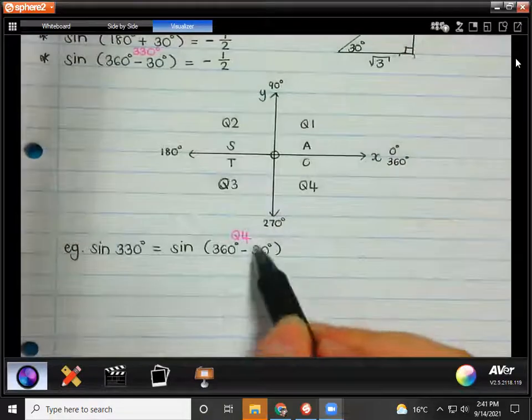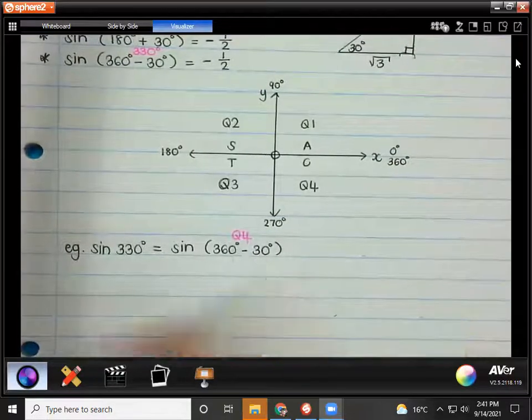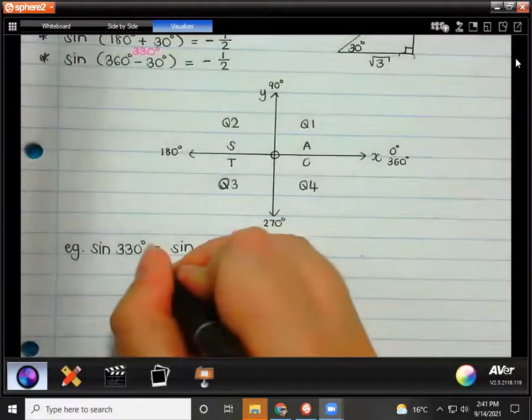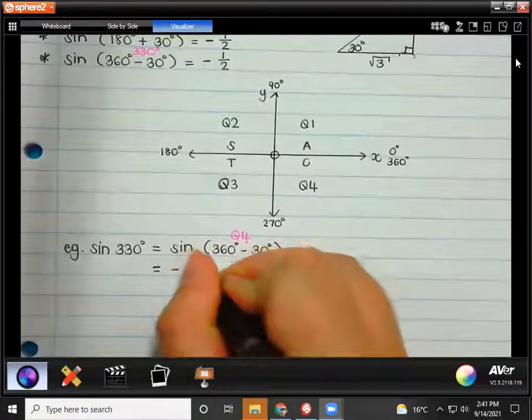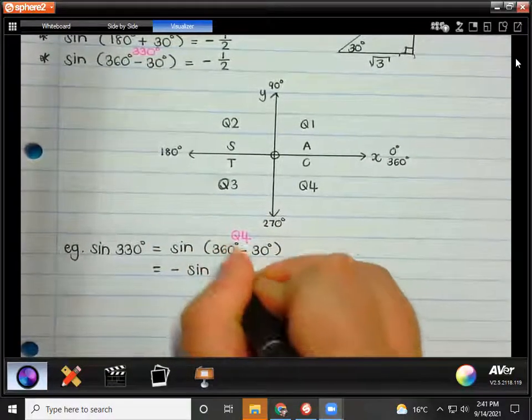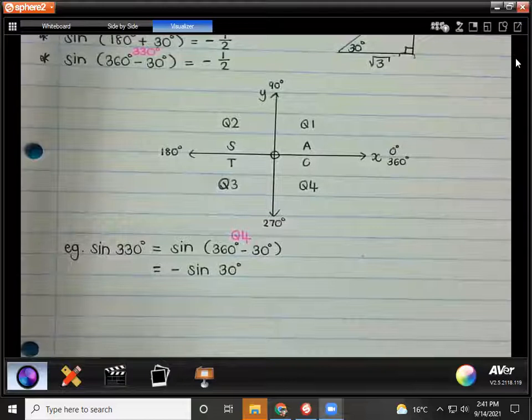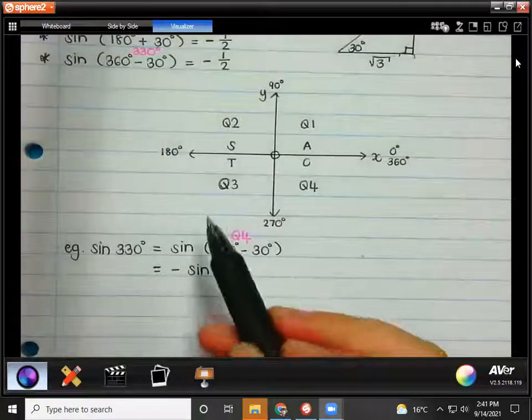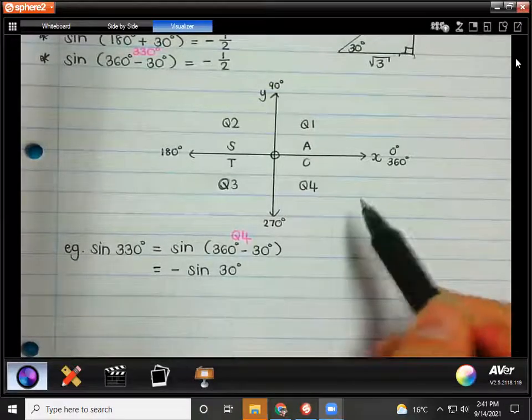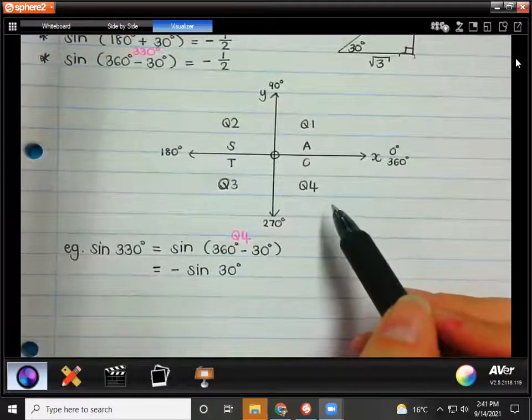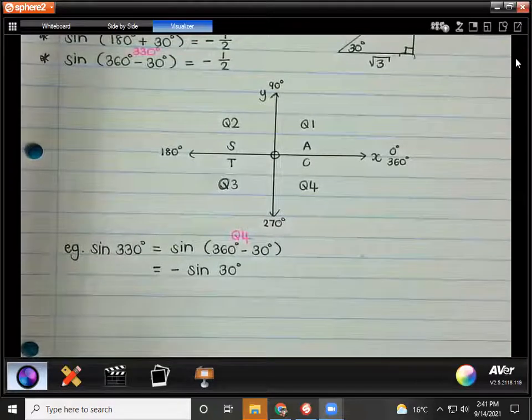So we are going to reduce this whole angle, which is 360 minus 30, to negative sine of 30 degrees. So we're changing the whole angle of 330 to 30 degrees, but in order to do so, we have to make the actual value negative because sine is negative in the fourth quadrant.